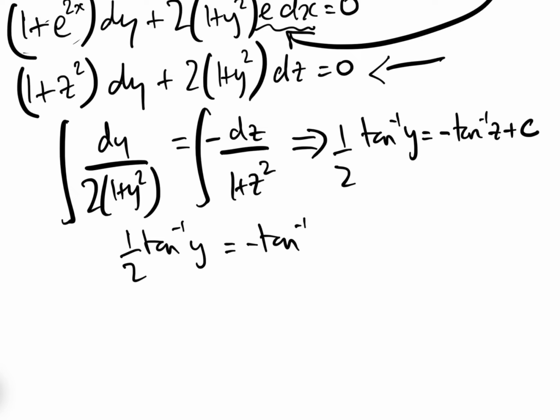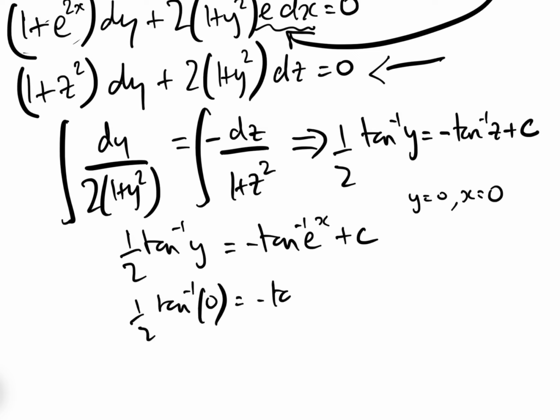equals minus tan to the minus 1 of e to the x add c, and when y is 0, x is 0, that's the initial condition, so a half tan to the minus 1 of 0 equals minus tan to the minus 1 of e to the 0 add c.